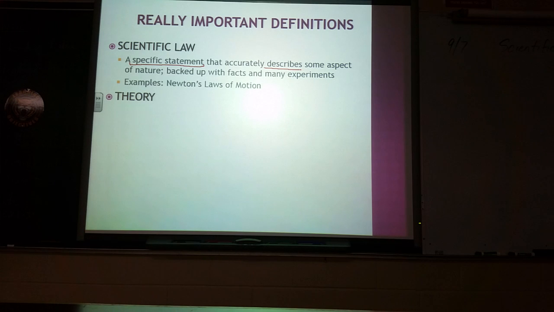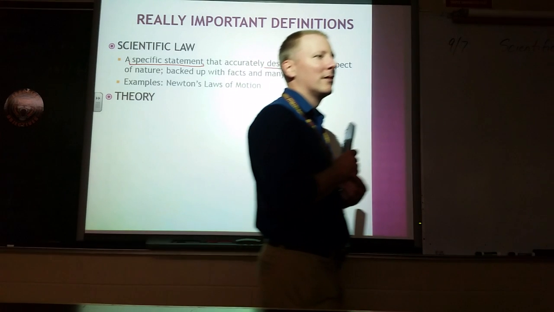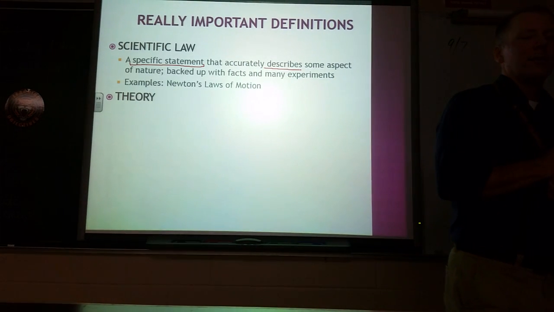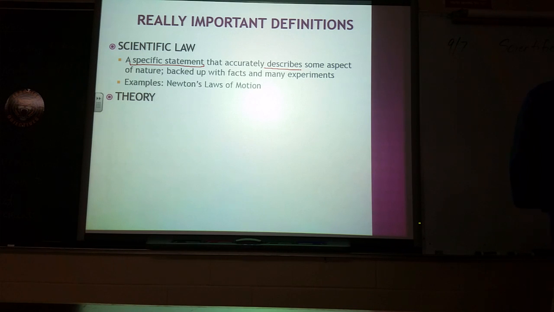Theory is the other one, and theory is historically the hardest one for students to remember. Probably that's because we use the word theory in common language. If you say, I've got a theory about that, or if a friend does, what does that mean?